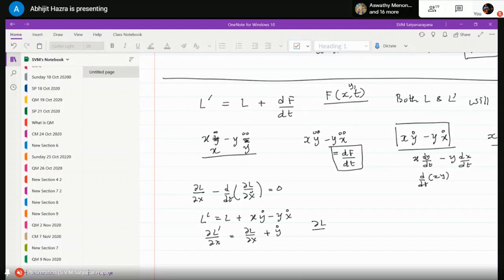Similarly, dou L prime by dou x dot is going to be dou L by dou x dot minus y, and when you write d by dt of that, you will have cancelling, y dot.